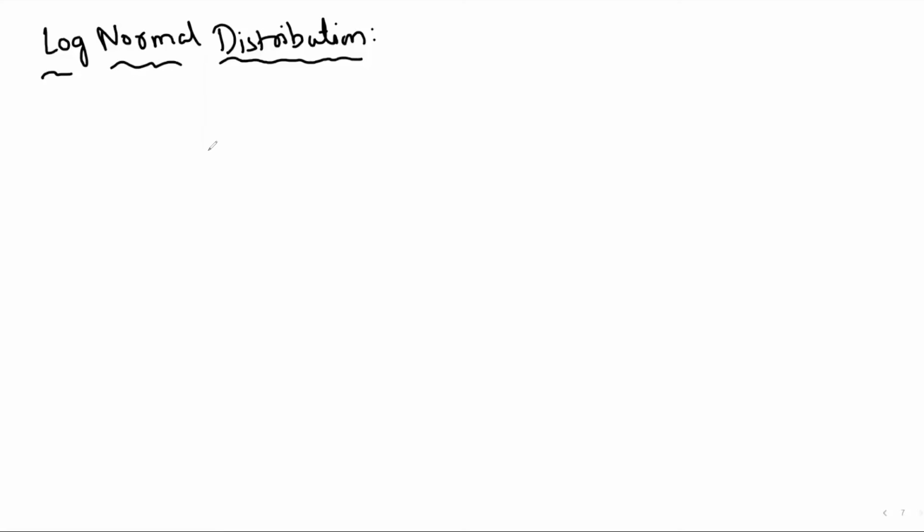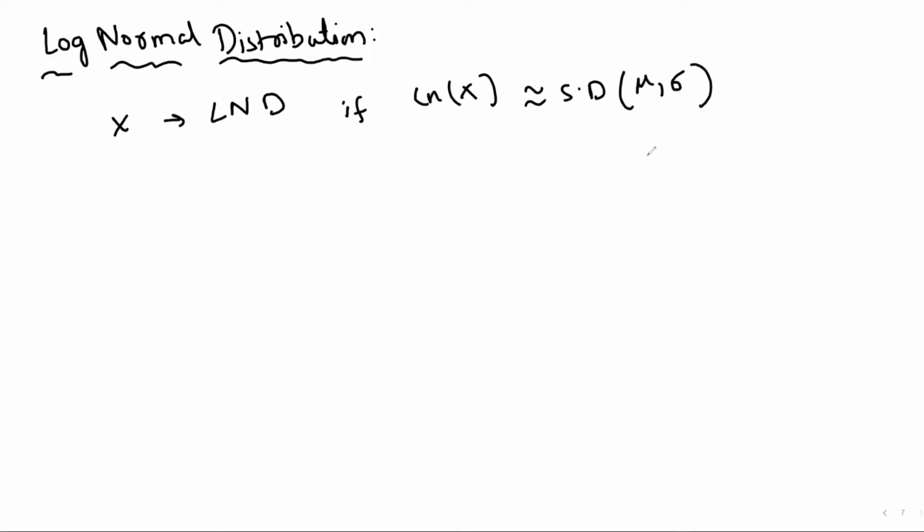So what actually is the log normal distribution? It says that any random variable x is supposed to follow a log normal distribution if the log of this particular variable x is following a standard distribution or a Gaussian distribution with mean mu and standard deviation sigma. Again, I'm repeating, guys, a random variable.